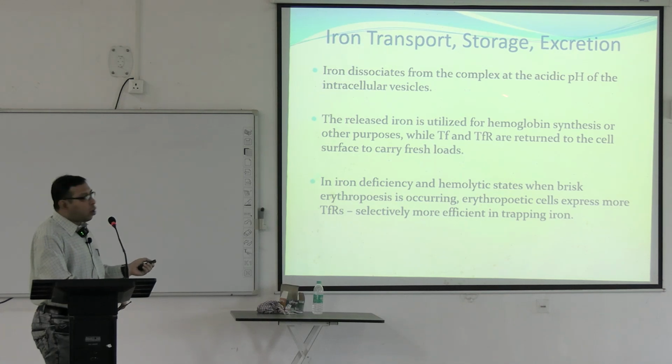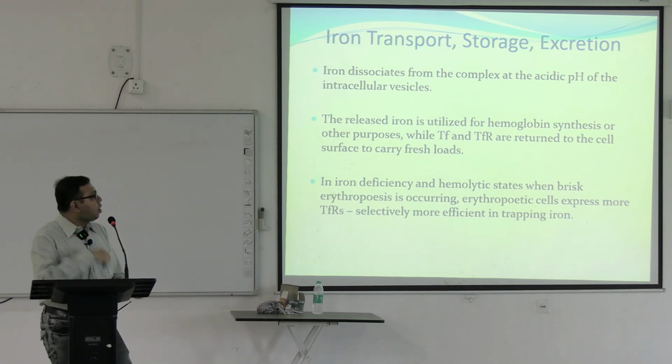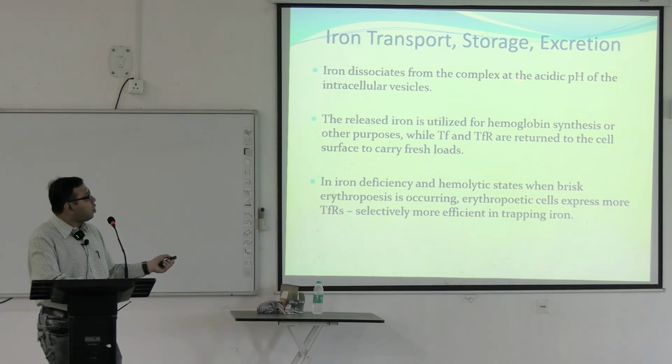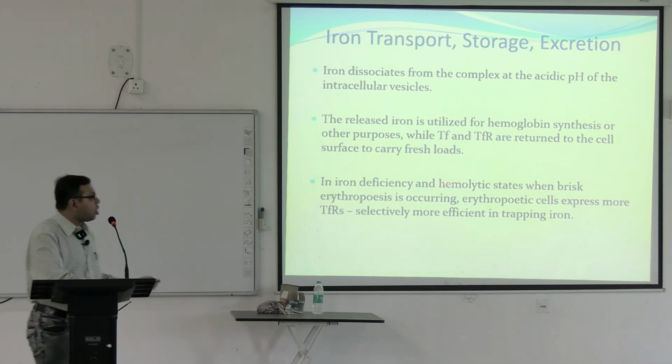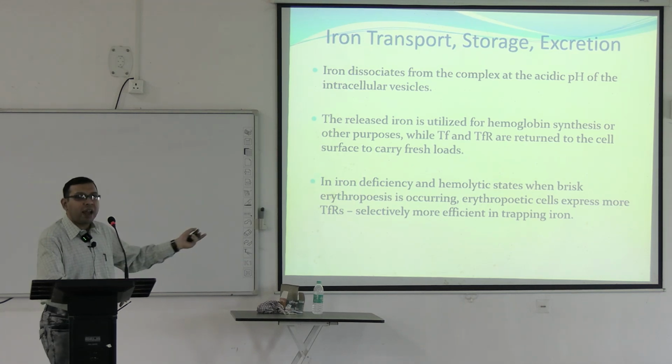Iron dissociates from the complex at the acidic pH of the intracellular vesicles. Due to the acidic pH, iron dissociates, and this released iron is utilized for hemoglobin synthesis or other purposes, while the transferrin and transferrin receptors are returned to the cell surface to carry fresh loads.